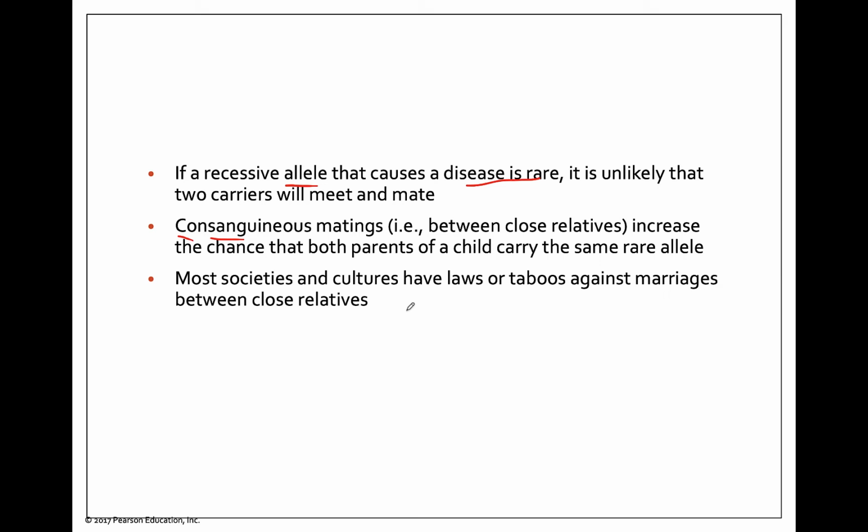Most animal societies actually have mechanisms in place to prevent close mating like this so that rare genetic disorders don't meet each other in close families. So this has kind of evolved in society as a natural selection against rare genetic disorders.